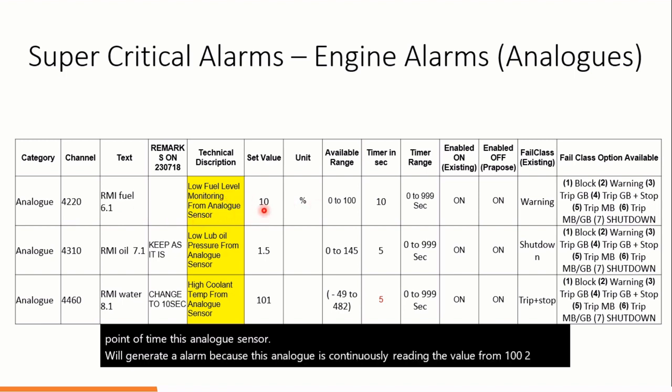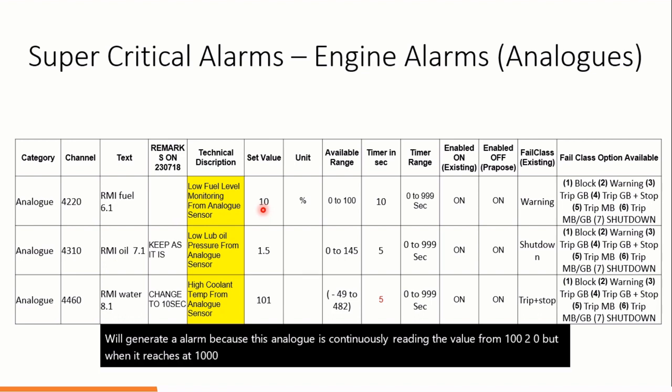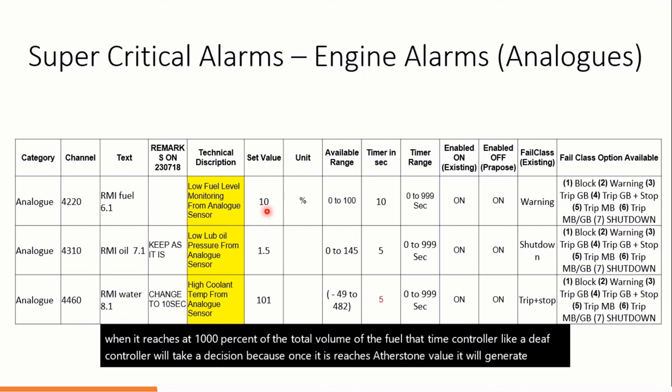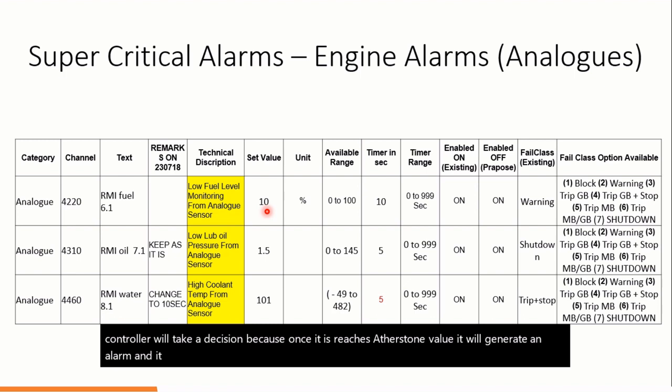But when it reaches 10% of the total fuel volume, the controller, like a DEF controller, will take a decision, because once it reaches a threshold value it will generate an alarm and decide what to do. What to do also has to be configured during commissioning. The range here is 0 to 100.